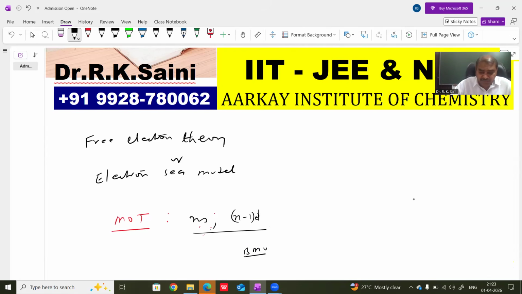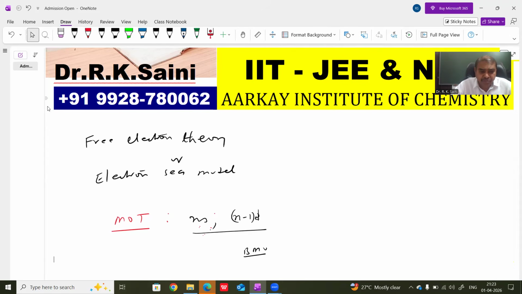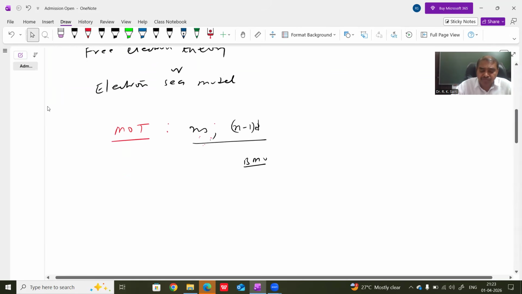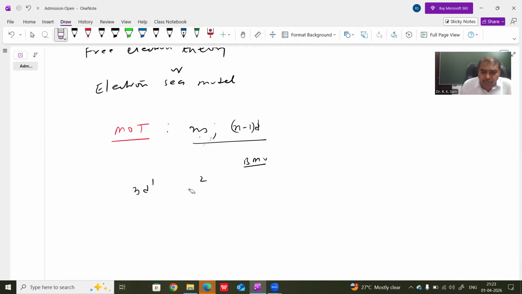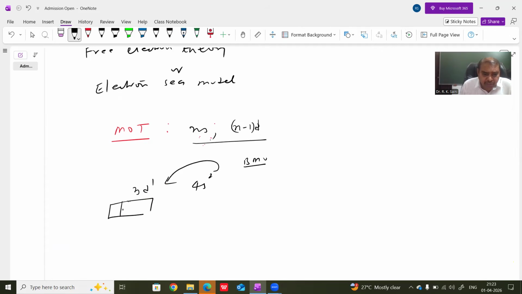And hence, when we go across the series, the number of unpaired electrons per atom increases from left to right. For example, in scandium, the number of unpaired electrons is 1. But during bond formation, the 4s electron transfers into 3d, and hence 3 unpaired electrons are present during bond formation in scandium.